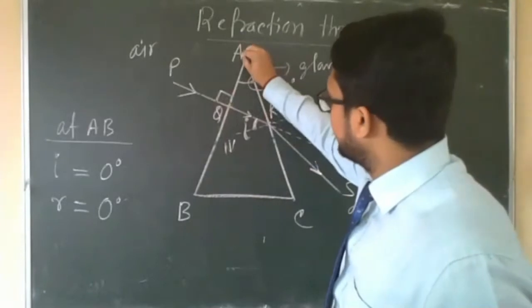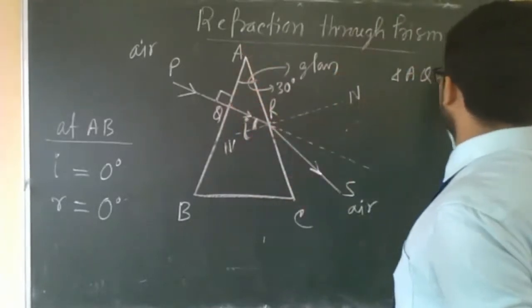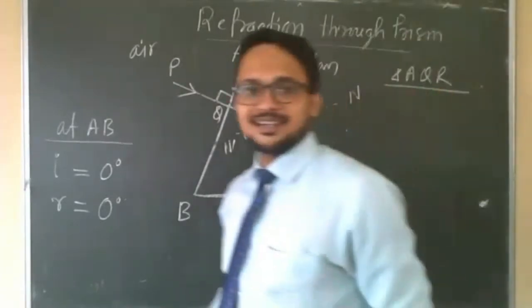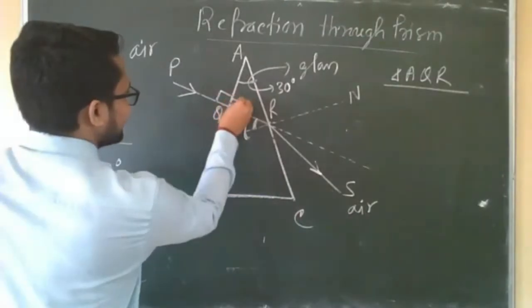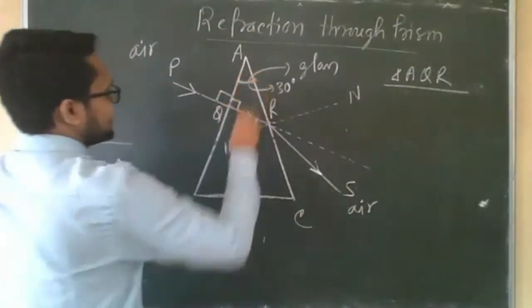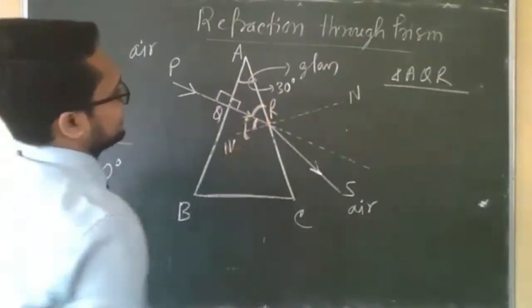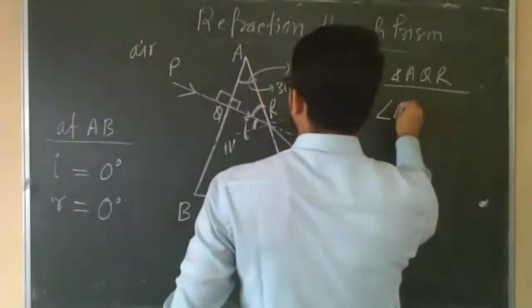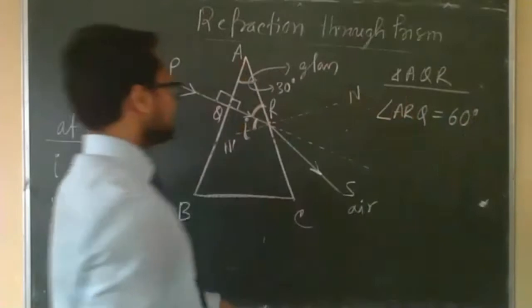Take triangle AQR. You all are good in geometry. So this is 90. R is 60, that means this angle ARQ will be 60 degrees.